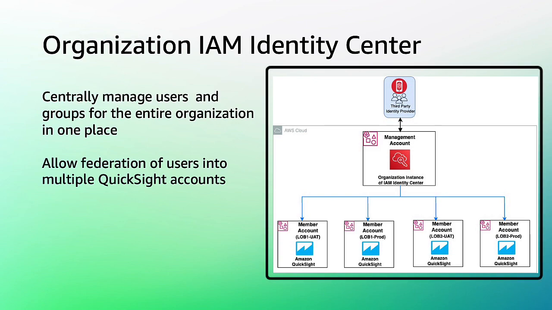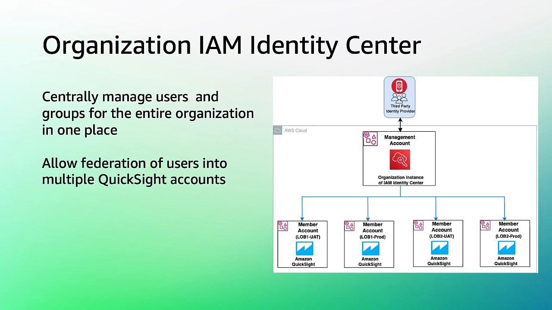For users provisioned in IAM Identity Center organizational instance, they can access QuickSight accounts belonging to individual lines of business like HR, finance, sales, or they can also access QuickSight accounts across various environments like production and development.